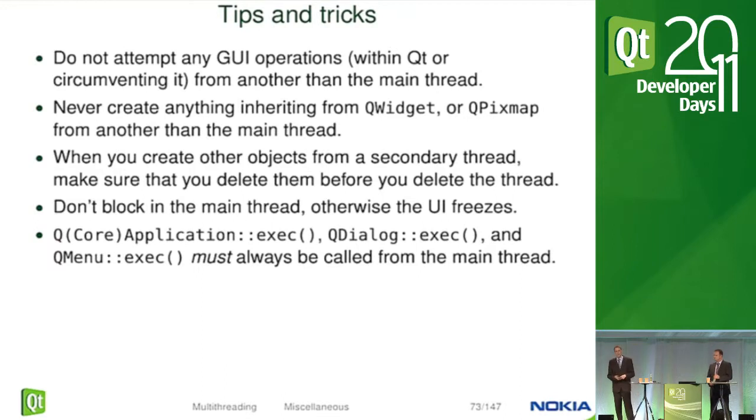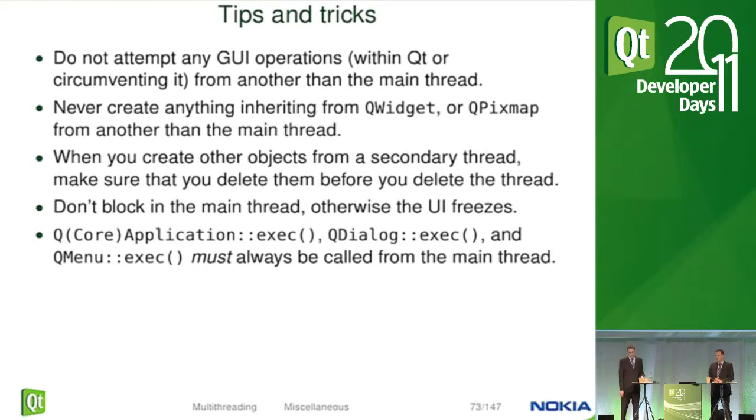That might be different in a thread, because you might create and destroy the thread multiple times in your application, and if you don't clean up everything you created in that thread, it will actually be a real memory leak. So either create stuff on the stack in run, or delete it when you leave that method, or use a smart pointer for that.